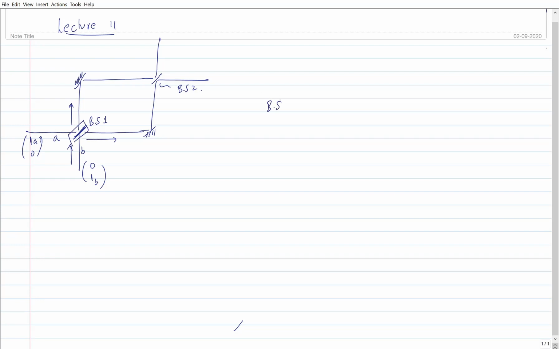So let me write the beam splitter 1 as a unitary matrix. This is a 50-50 beam splitter.